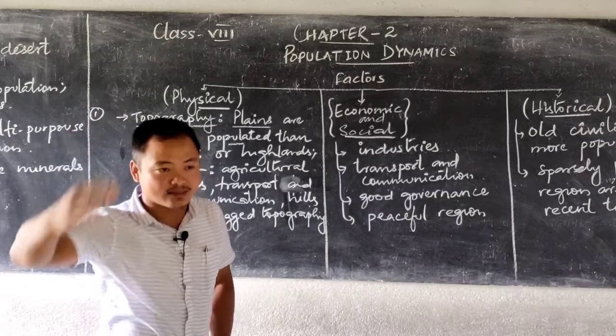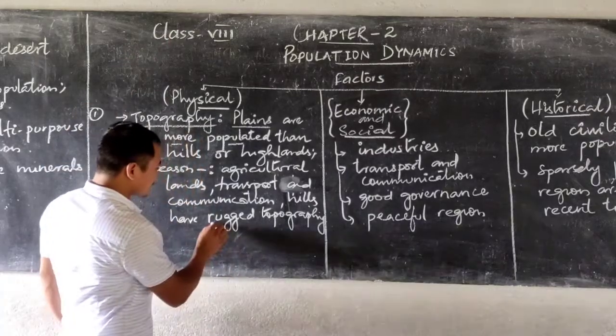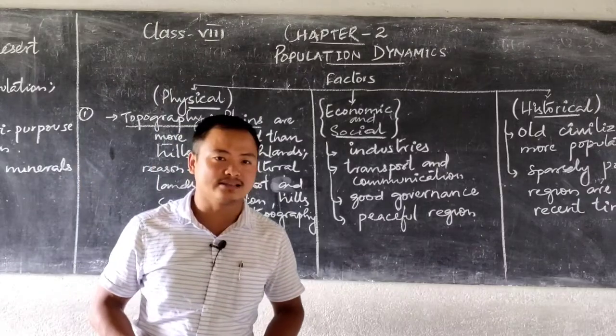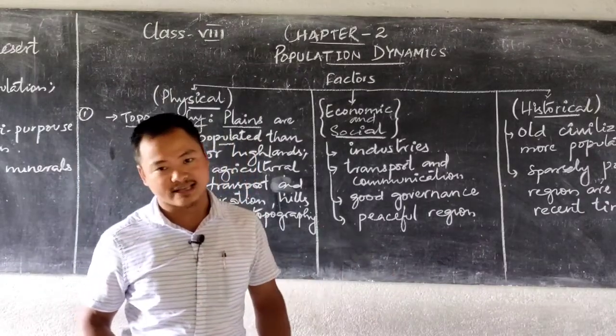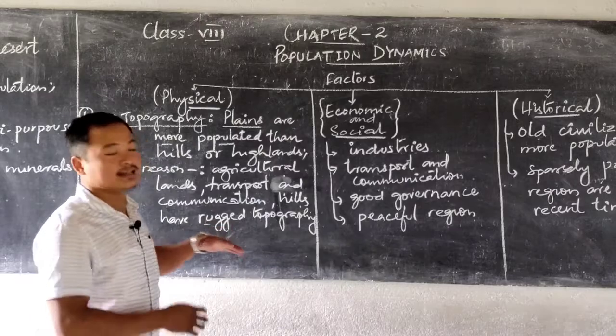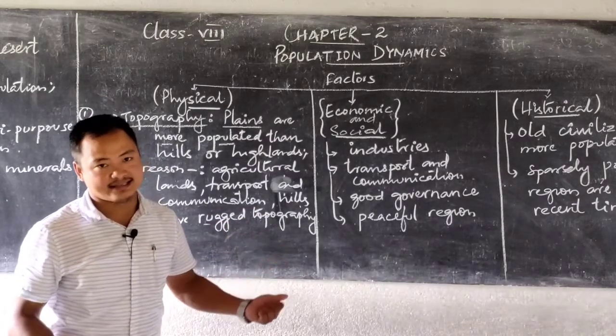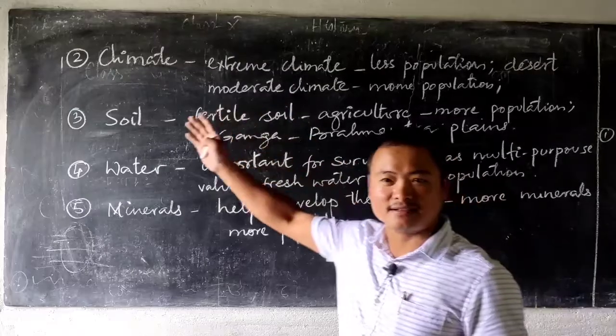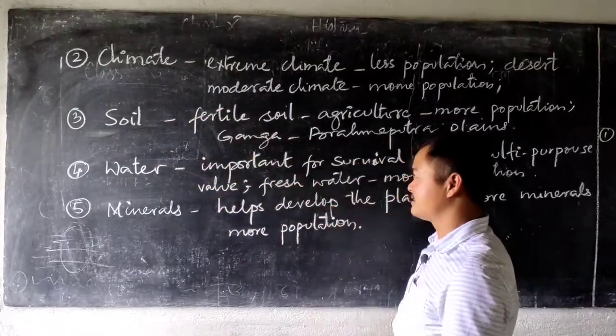Somewhere it is high, somewhere it comes down like a valley. That is what we call a rugged topography. Because of this unevenness of the land over the mountainous areas, the population here is very less.